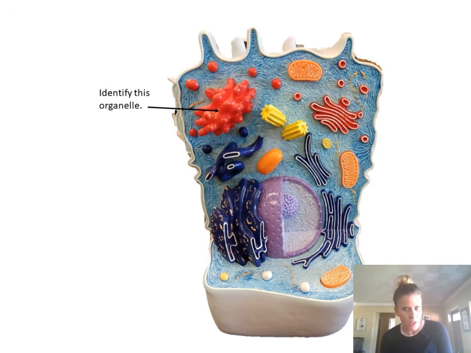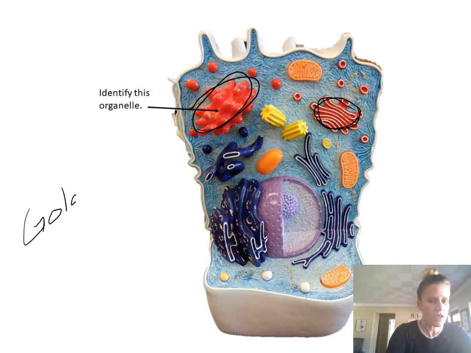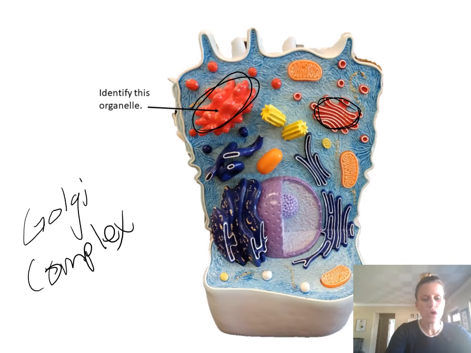Identify this organelle. So these red organelles here, both this one and this one over here, those are called Golgi. That's a Golgi complex, or you could also call it a Golgi apparatus.